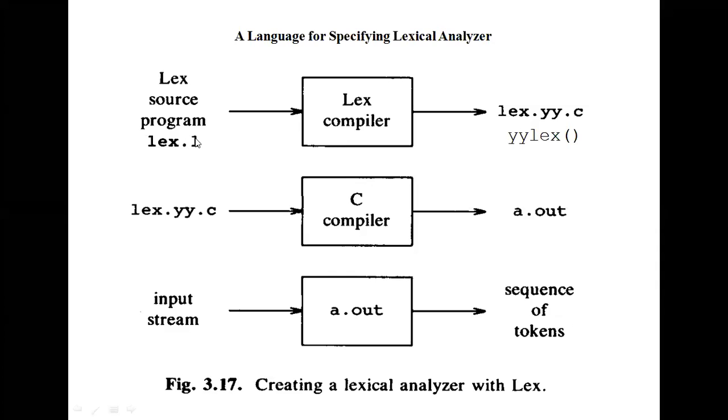By using the lex compiler, performing the compilation, we get an output in the form of lex.yy.c. Taking lex.yy.c and using the C compiler, we produce an object program, that is a.out, and giving input streams to this a.out, we generate a sequence of tokens. Right? Are you all clear about this? Right.